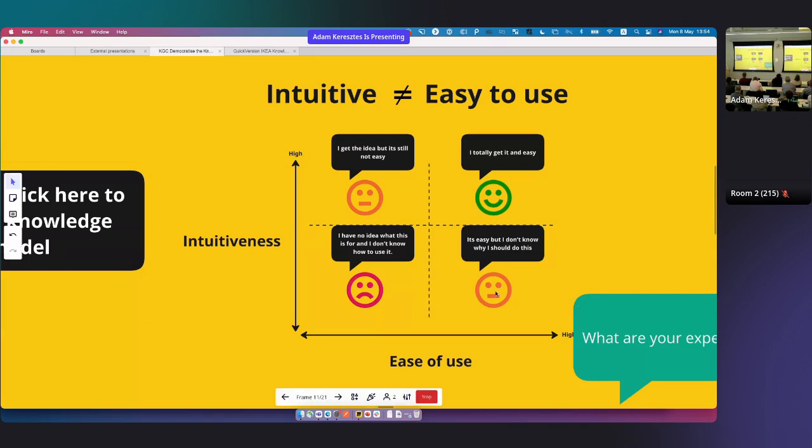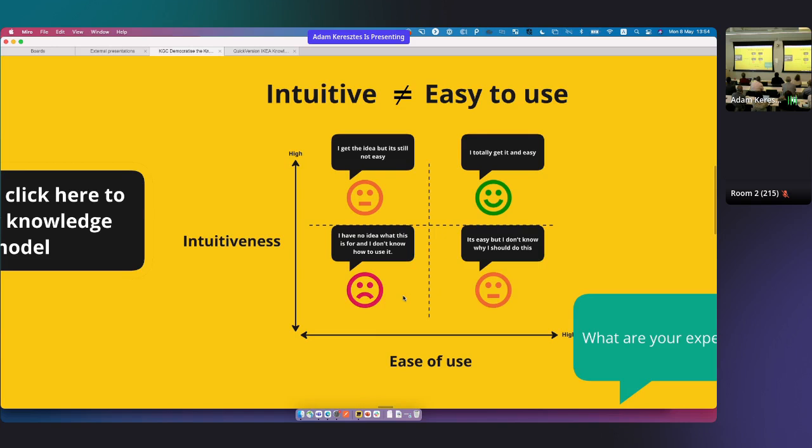If we start at the worst case scenario, the bottom left, it's where intuitiveness is very low and ease of use is low. So I have no idea what this is for, and I have no idea how to use it. This is the worst case scenario. We have the second case, on the top left, where intuitiveness is high, but the ease of use is low.